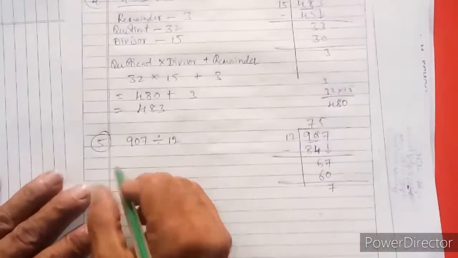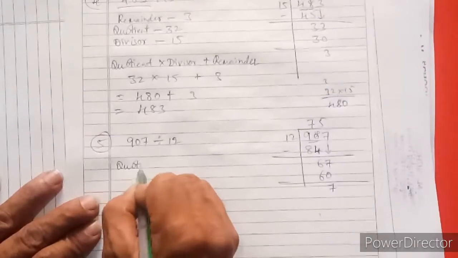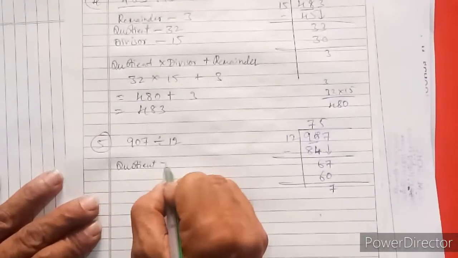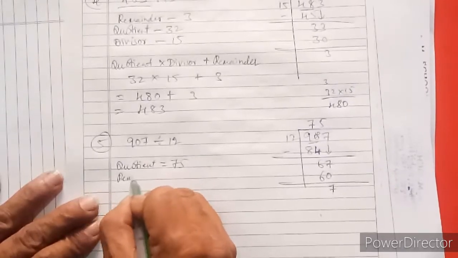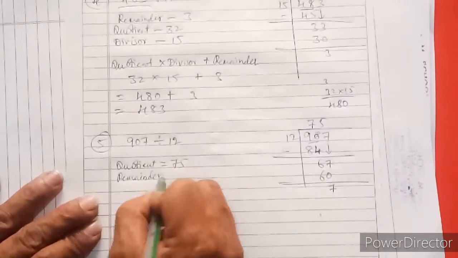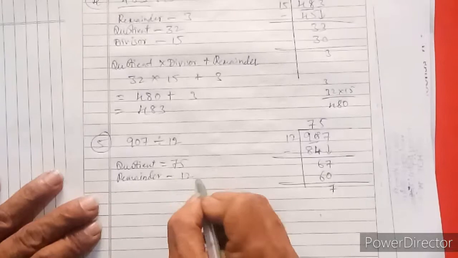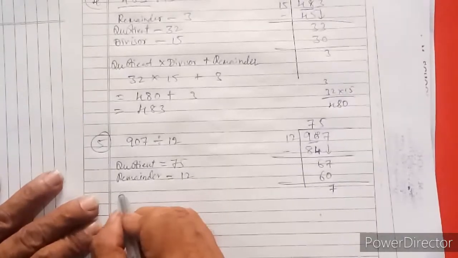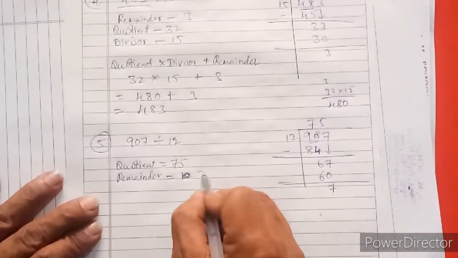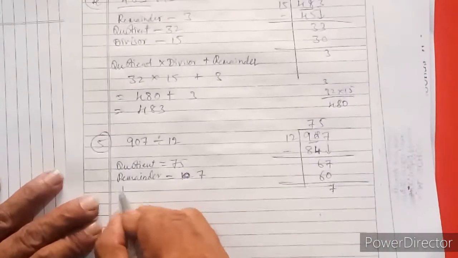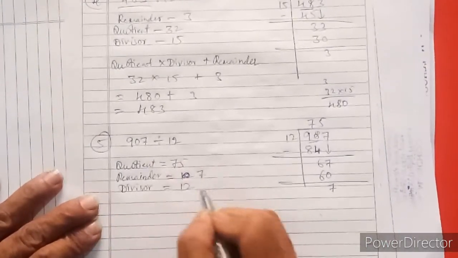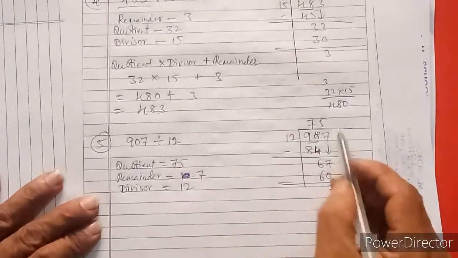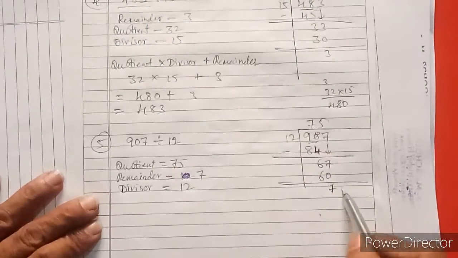Now similarly, the quotient is 75. The remainder is 7. And the divisor is 12. These are the three things to be taken: quotient, remainder and divisor.